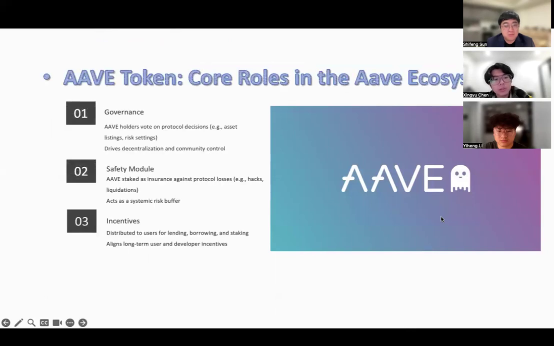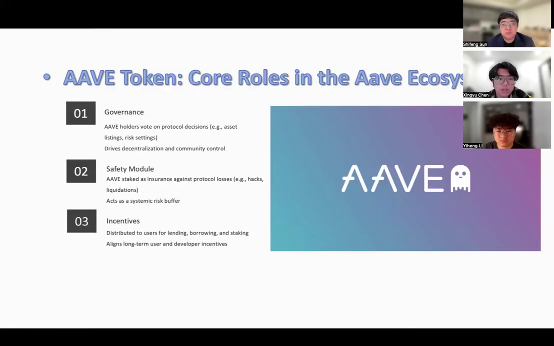And now, what does the AAVE token actually do? It has three main functions. First, governance. AAVE holders can propose and vote on changes to the protocol, things like listing new assets or adjusting risk parameters, which keeps the system decentralized. And second is the safety module, which controls collateral. AAVE can be staked into a safety module, which acts like an insurance pool.